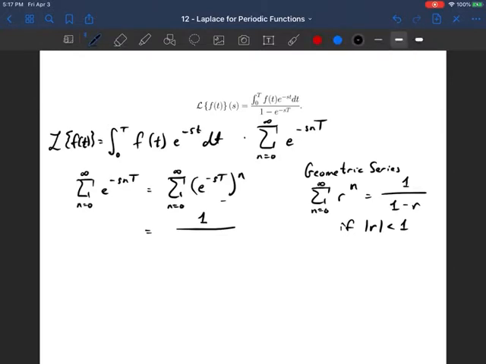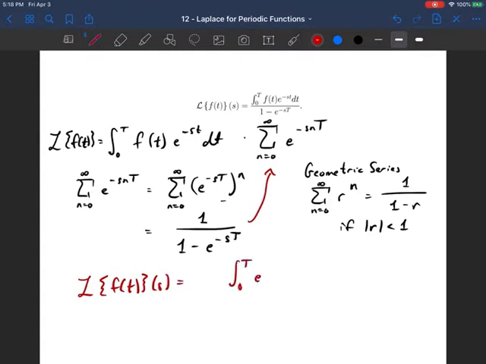So this becomes equal to 1 over 1 minus e to the minus st. So if we plug that back in up here, we get exactly the formula that we are looking for.